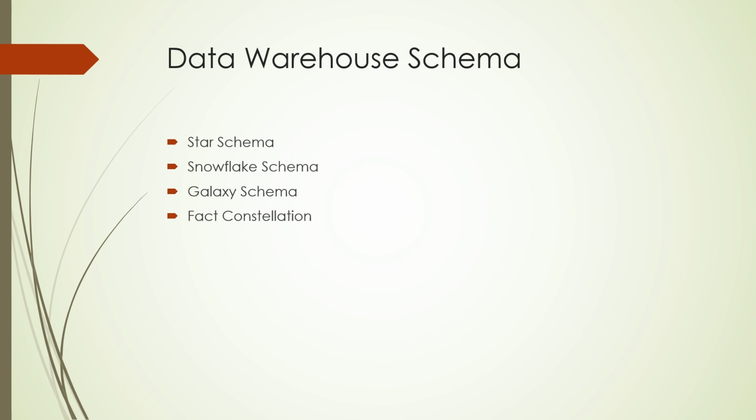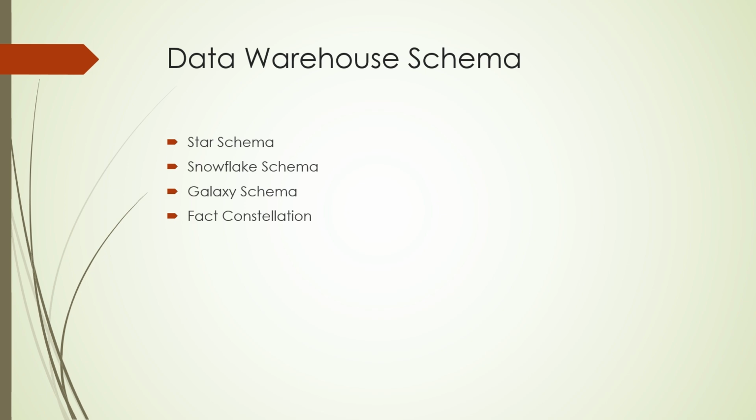The basic components of all data warehouse schemas are the fact and dimension tables. The combination of these two centralized elements composes almost the entirety of all data warehouse schema designs.